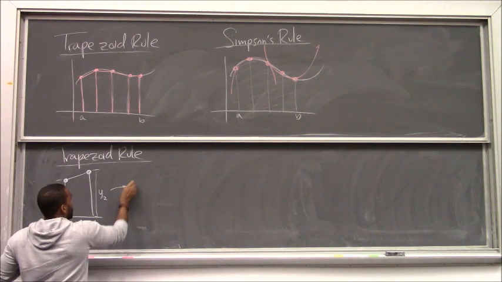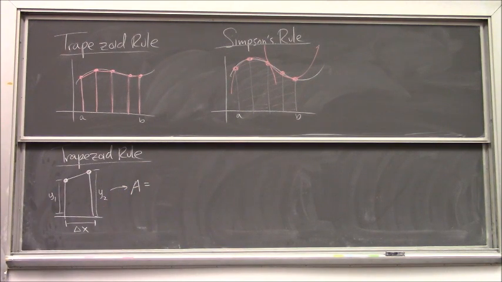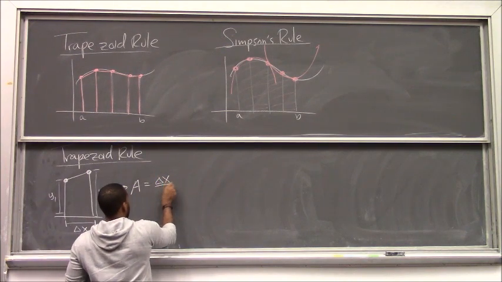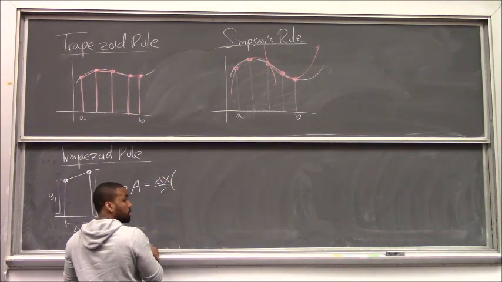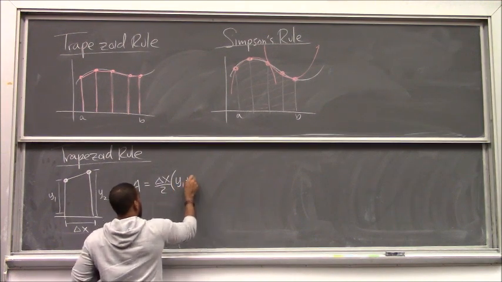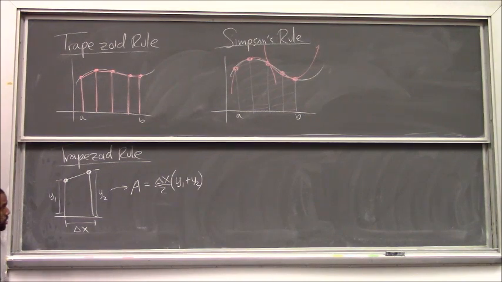How do you measure the area of this trapezoid? Half base times the sum of the two, y1 plus y2. Right? So that's how you find the area of a single trapezoid. So it's 1/2 times the sum of the two parallel sides times the distance between them.